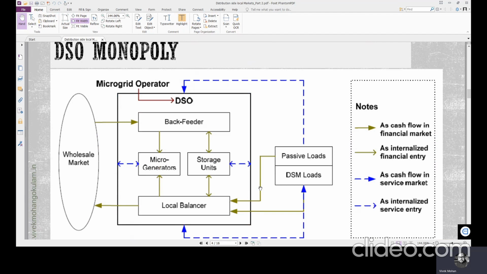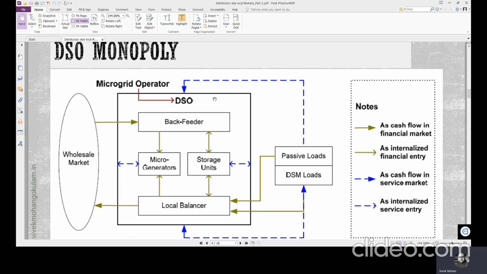A DSO monopoly model has probably derived from a non-liberalized power industry, where DSO is the single entity that owns the distribution grid, and also the retailer functions of selling electricity to end consumers is done by the DSO.